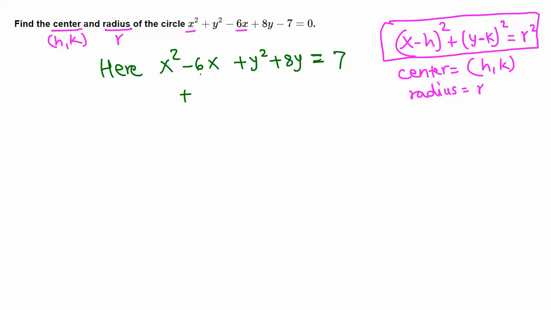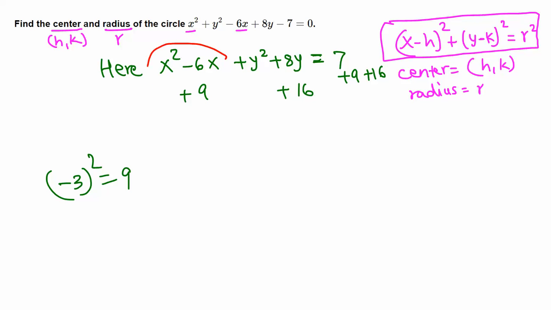Half of negative 6 is negative 3, and negative 3 quantity squared is 9. So we add 9 so that we get a complete square. And here half of 8 is 4, and 4 squared is 16, so we add 16. Whatever we add on the left-hand side, we do the same on the right: plus 9 plus 16.